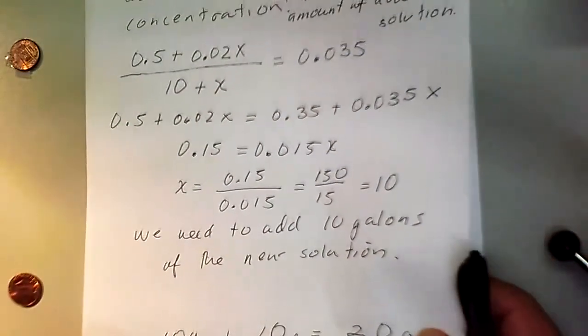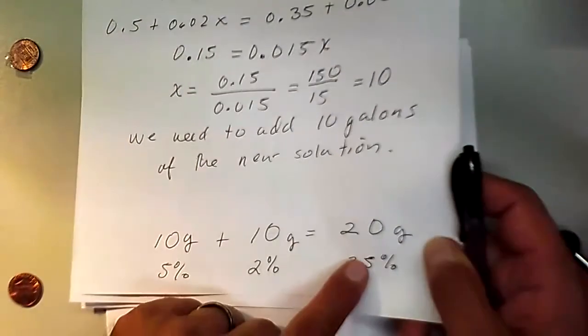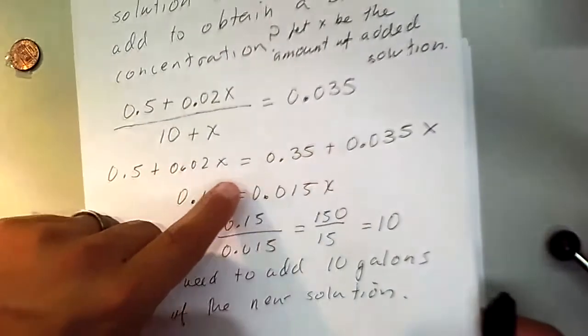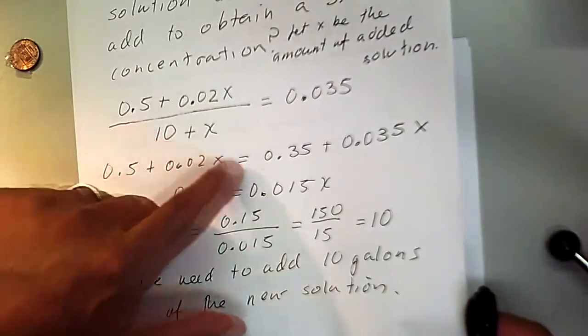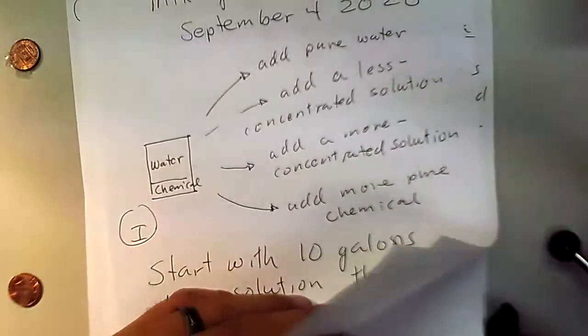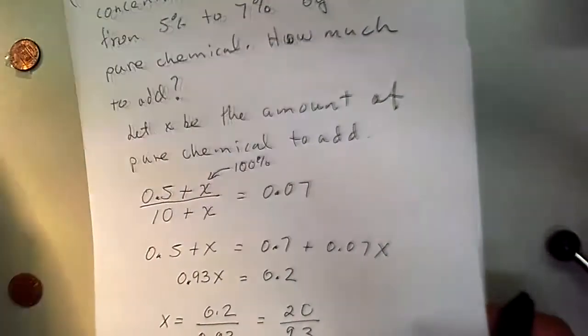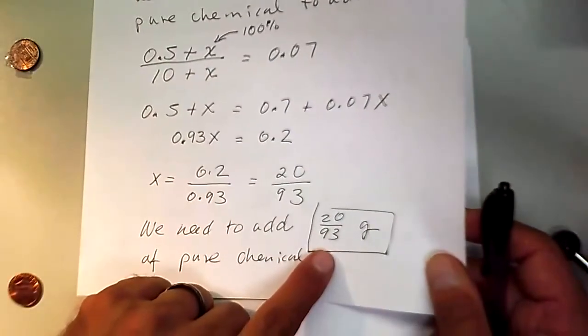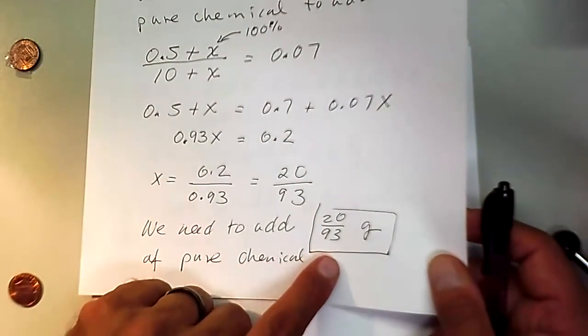Here, in the second example, we end up with 20 gallons. In order to water down the liquid from a 5% concentration to a 3.5%, we end up with more. Even if we want to increase the concentration, we end up with more. So even though this is less than 1 gallon, remember, we started with 10 gallons.